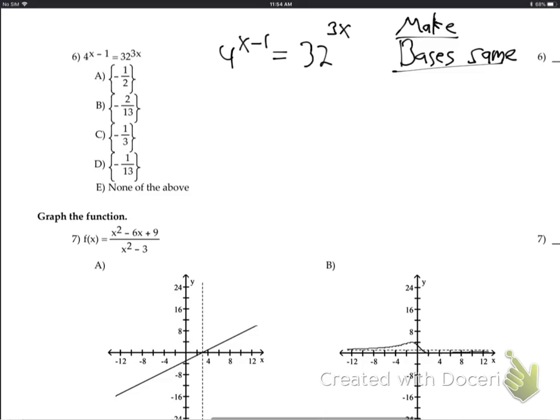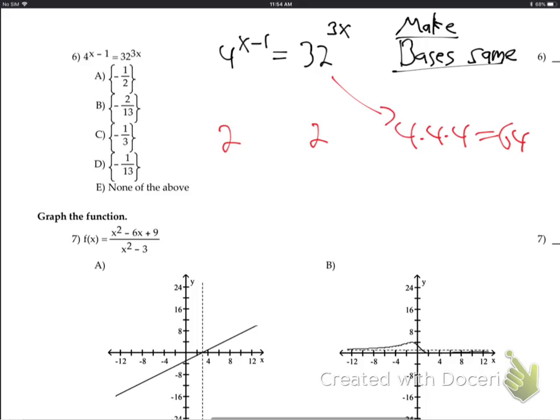No, it's 2. Yeah, it won't work, huh? If you say, well, I'll just do it with 4, if you multiply a bunch of 4s, it'll be too big. You can't. So you've got to make them both out of 2, because 4 is 2 to some power and 32 is 2 to some power. Just use your calculator to make them both out of 2.